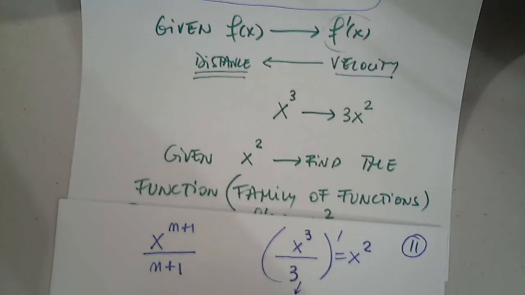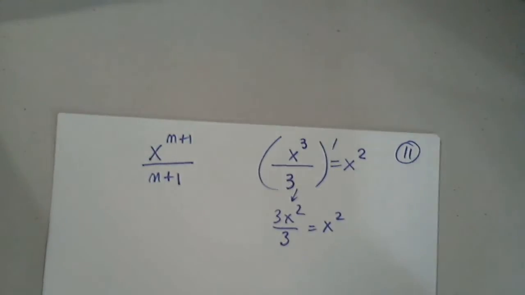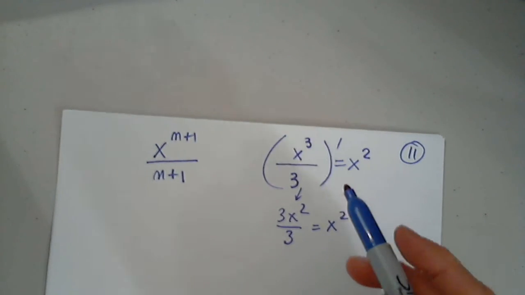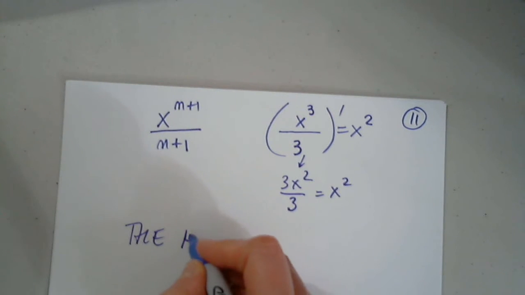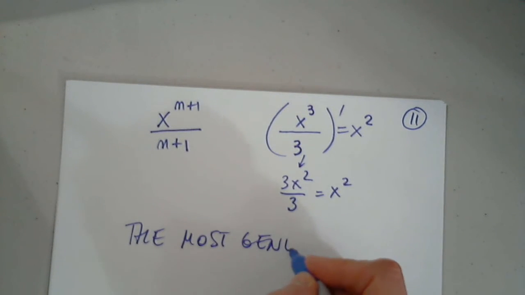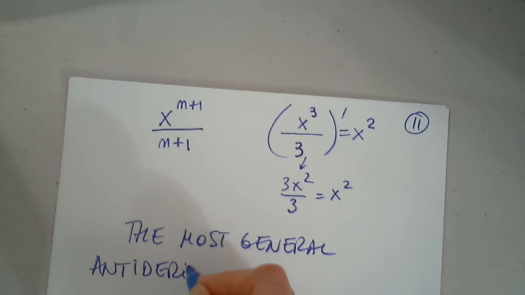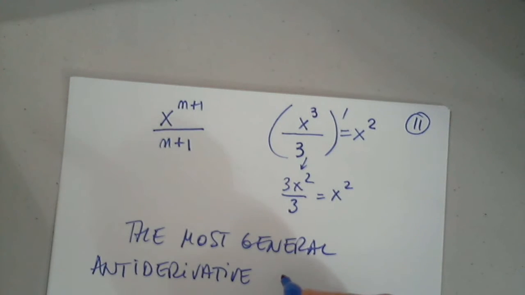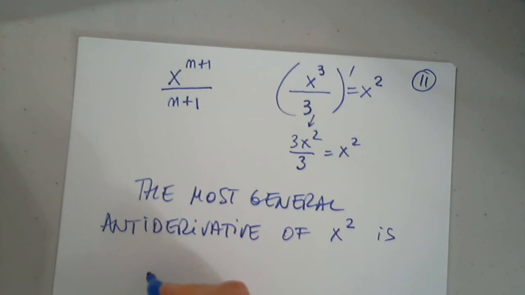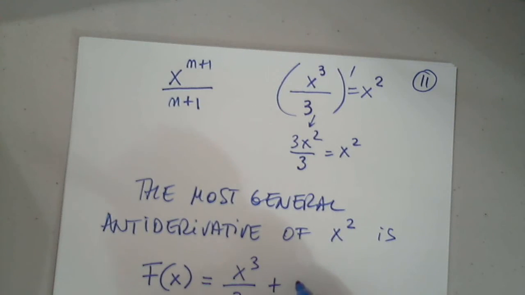Now, is this the only function whose derivative is x squared? No. The most general antiderivative of x squared is a function denoted by uppercase F of x, and that is x to the third power divided by 3 plus a constant c.